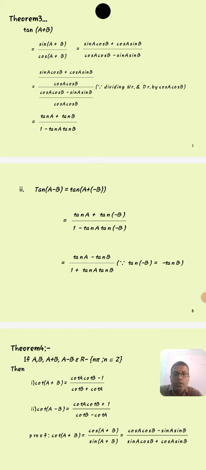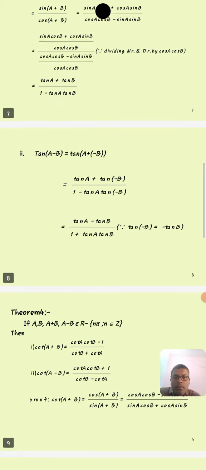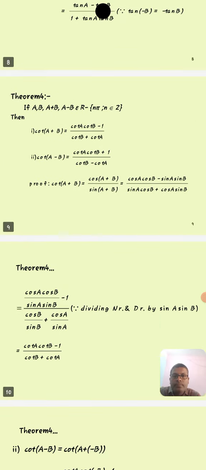Okay. So how many formulas do we know? Sin of a plus b and cos of a plus b, sin of a minus b, cos of a minus b, and tan of a plus b, and also we completed the tan of a minus b formula. So now we go to the next theorem.